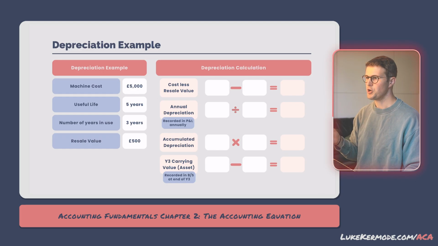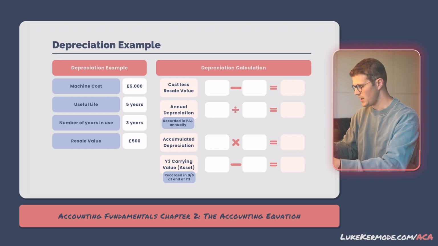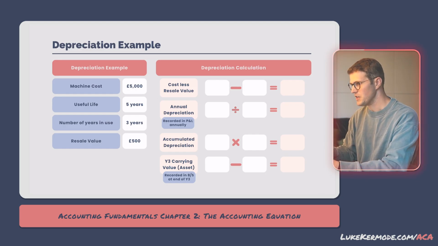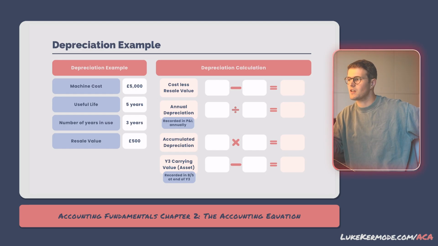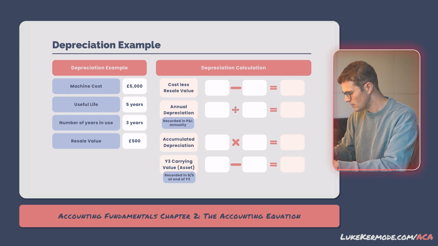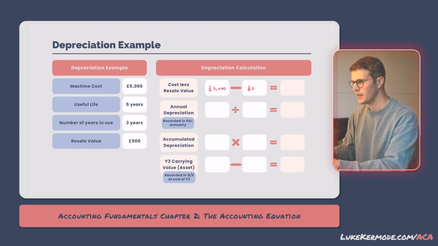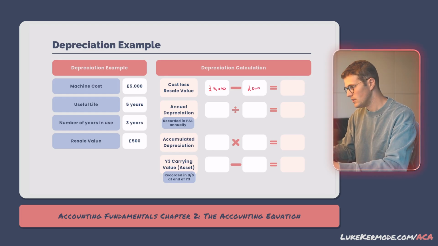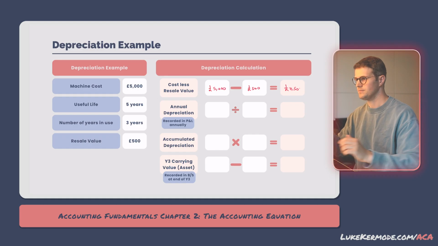So to calculate depreciation, we take the cost of the machine minus the residual value. That gives us the total amount we want to depreciate. That's known as the depreciable amount. So £5,000 minus £500 gives a depreciable amount equal to £4,500.